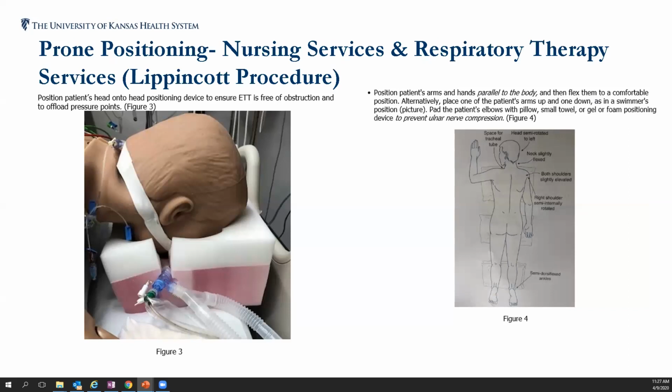The benefit is seen from reducing the risk of ventilator-associated lung injury through a combination of more uniform distribution of ventilation and less compression of the left lower lobe by the heart. It's recommended to do this for 12 to 16 hours.